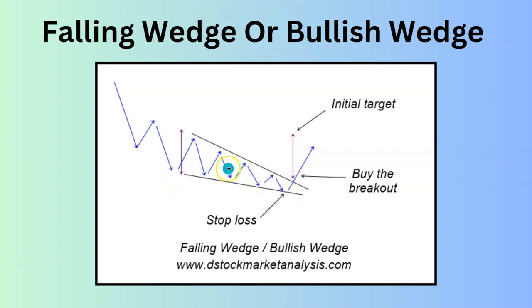You will see that the highs are actually steeper than the lows here. And when you connect the highs and the lows, it looks like a falling wedge. And this is actually bullish, because when the stock breaks out of the upper trend line, it's going to move up. So this falling wedge is actually a bullish situation.